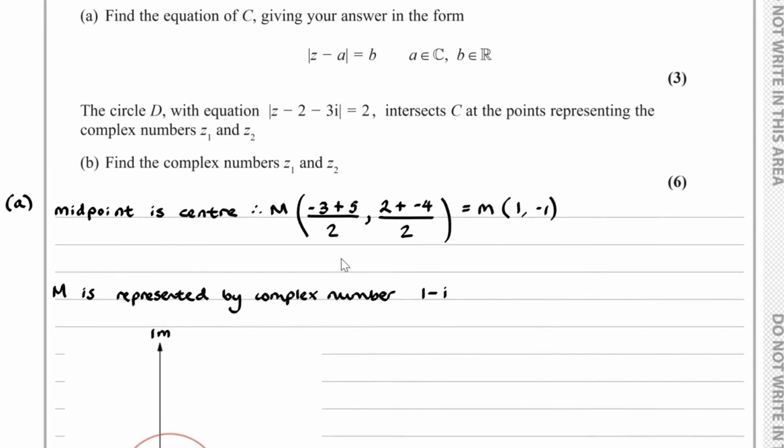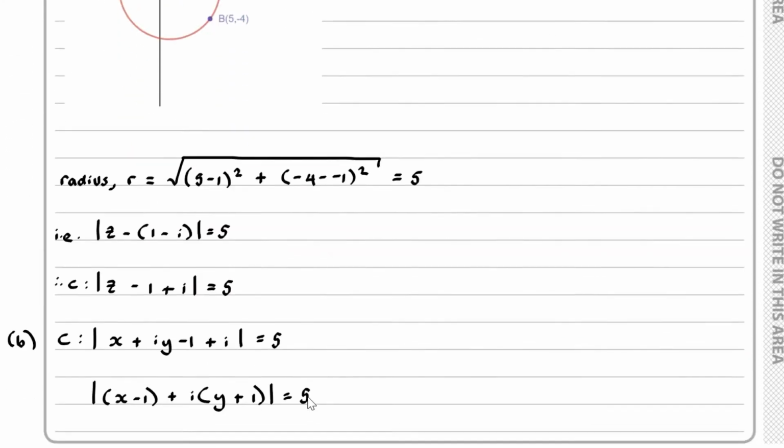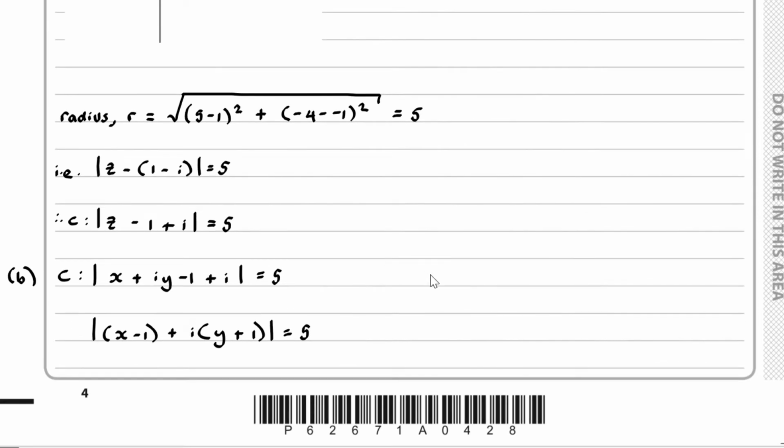And we already know what the equation for D is. You can see here, D, that's given by, if we replace the z with x plus iy, we have D, which is given by the mod of x plus iy minus 2 minus 3i, and all of this is equal to 2.